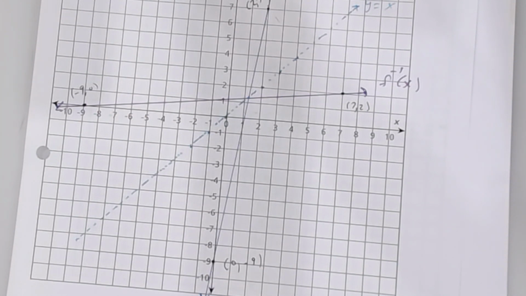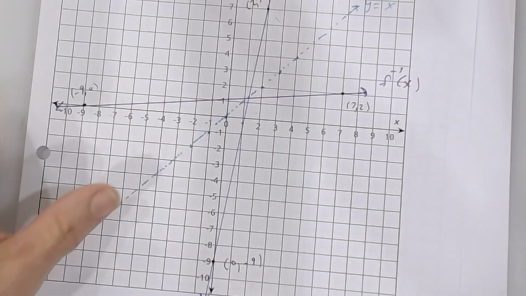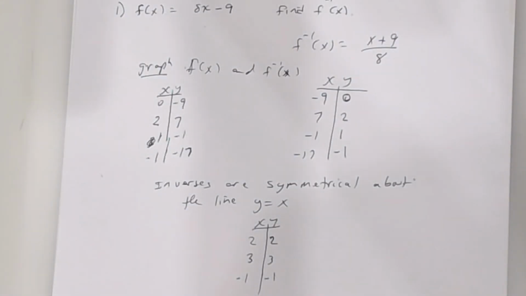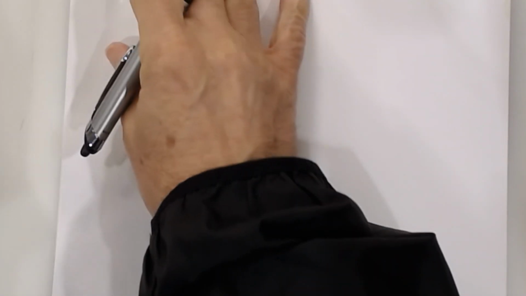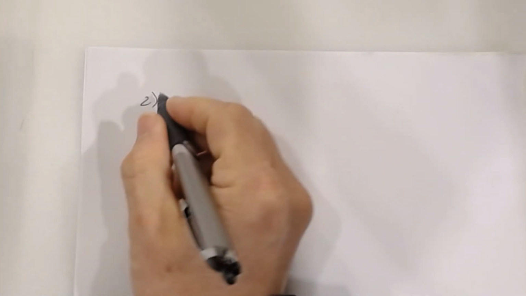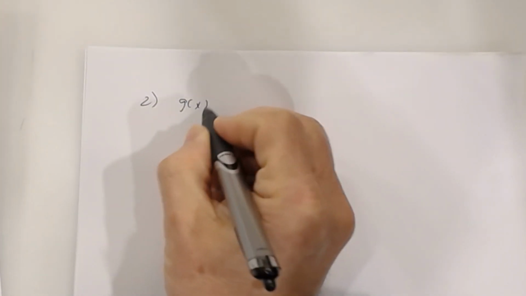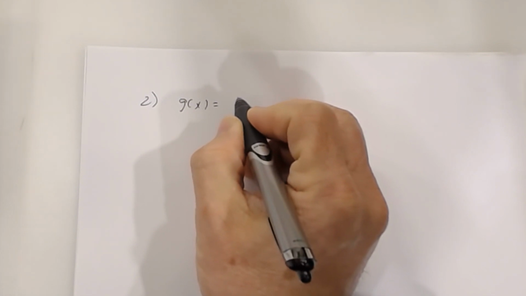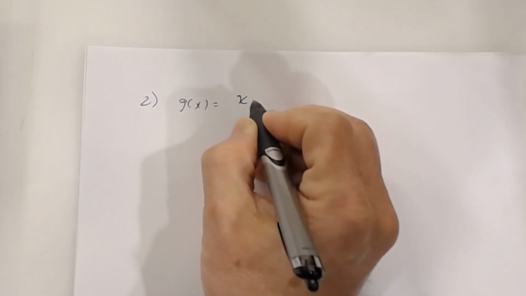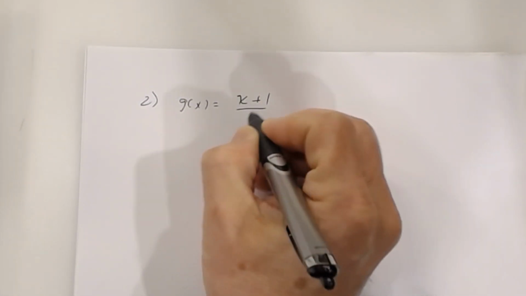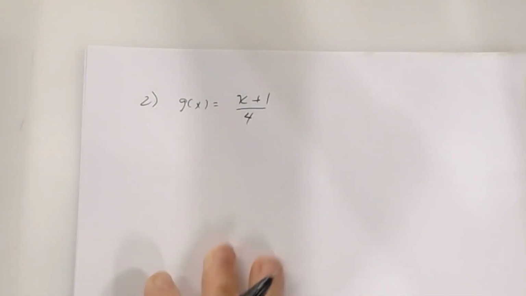All right. Now let's look at this problem. Let's look at this one. So number 2, let's suppose we had g of x equal x plus 1 divided by 4.